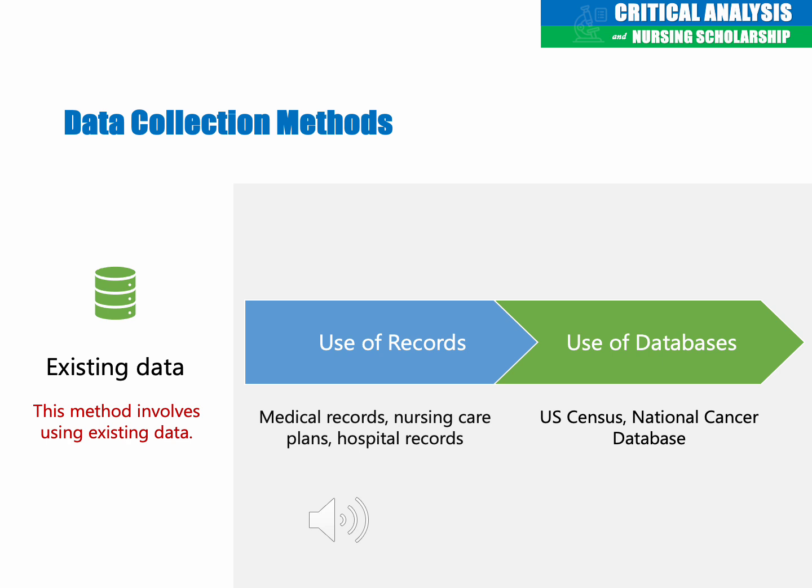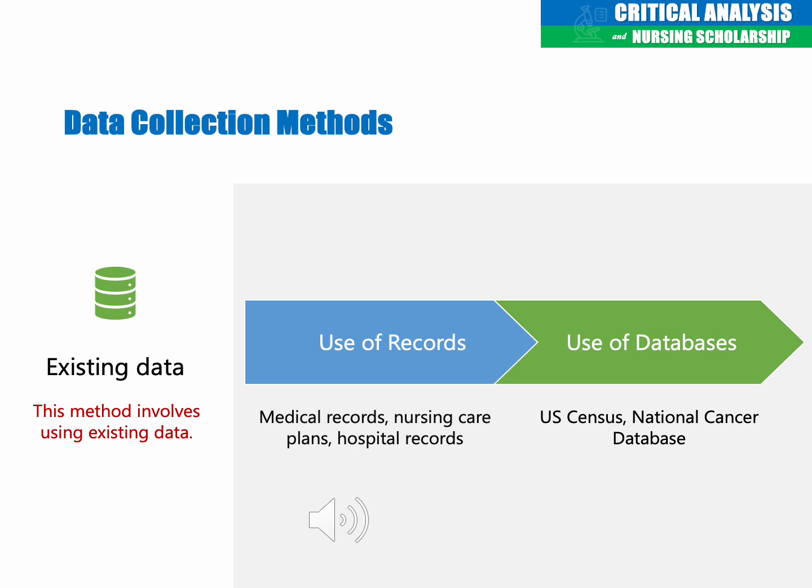Here, you can utilize electronic health records, data that has already been collected previously. Or you want to use government databases, like, for example, the National Health Interview Survey from CDC. These are available data that has been collected. These are existing data. And what are the pros and what are the cons of using existing data?